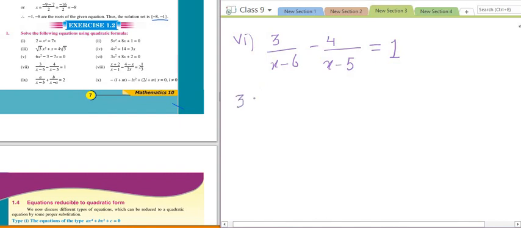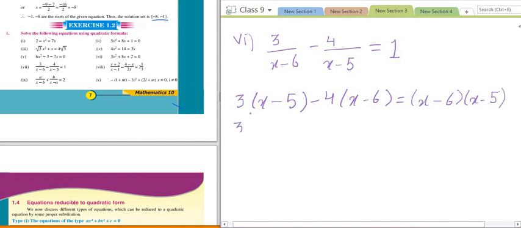Take LCM. This becomes 3 into x minus 5 minus 4 into x minus 6 equals x minus 6 times x minus 5.